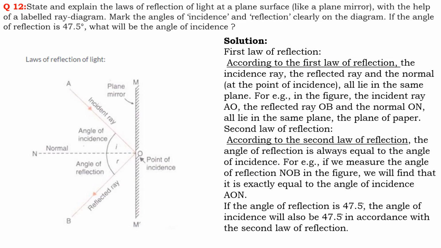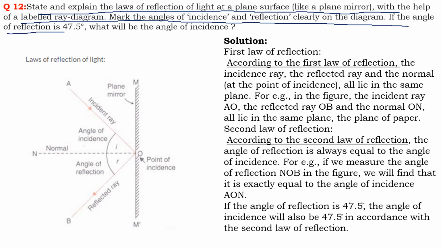Question number 12. State and explain the laws of reflection of light at a plane surface like a plane mirror. With the help of a labeled ray diagram, mark the angle of incidence and reflection clearly on the diagram. If the angle of reflection is 47.5 degrees, what will be the angle of incidence?